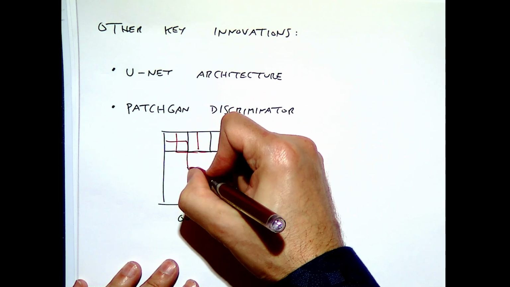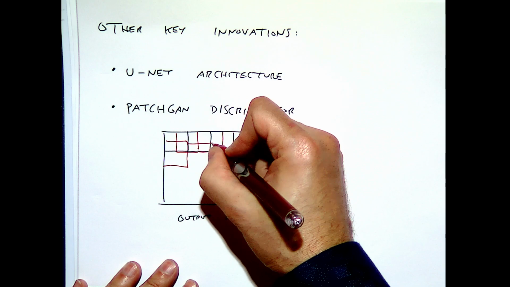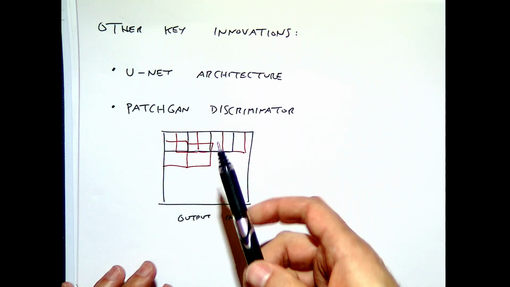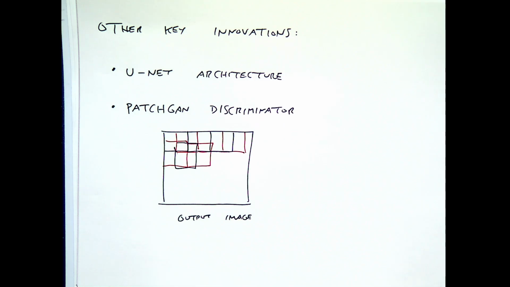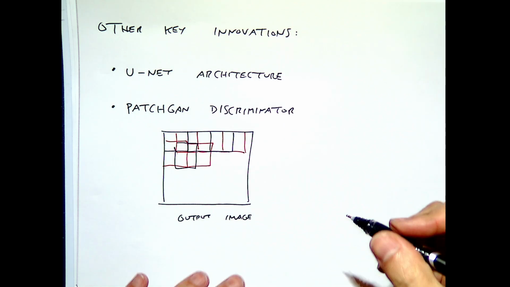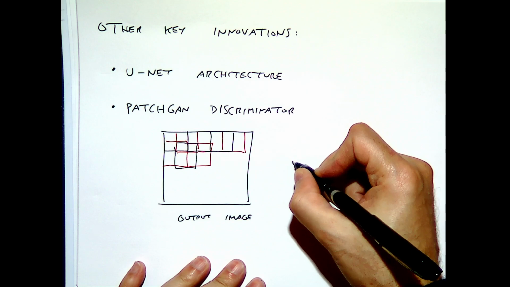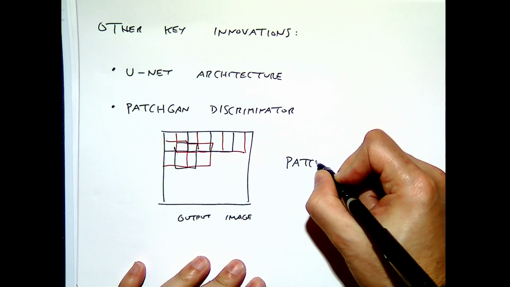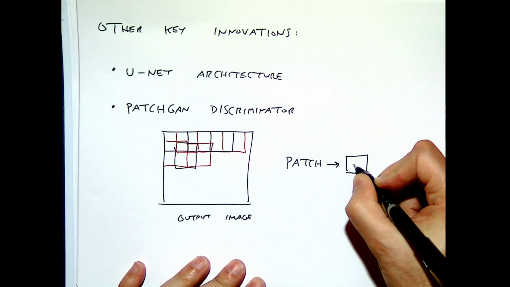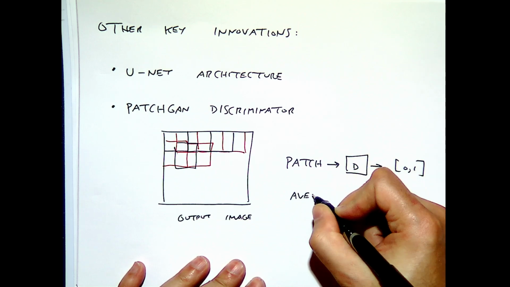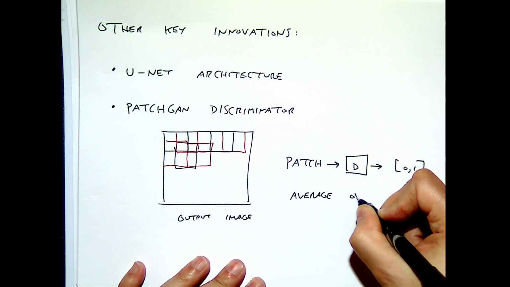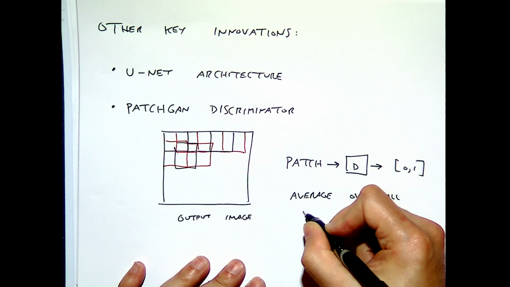So I'm taking chunks of the stuff I create. I'm using different colors to indicate that these patches are going to overlap, right? And then what we do is put the patches into the discriminator to get a result, and we average over all the patch scores.